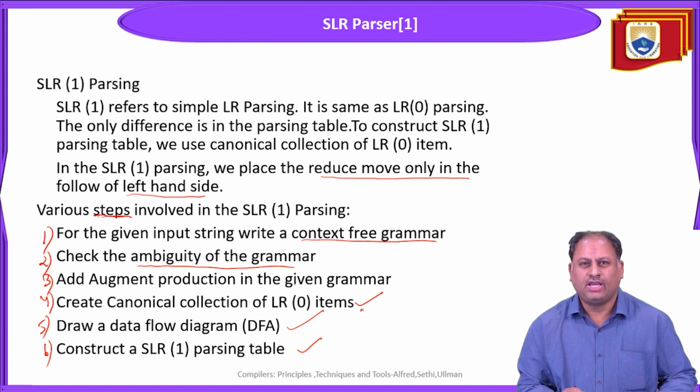The data flow diagram consists of several states, that is I0 the initial state, another state I1, I2, I3, like that.